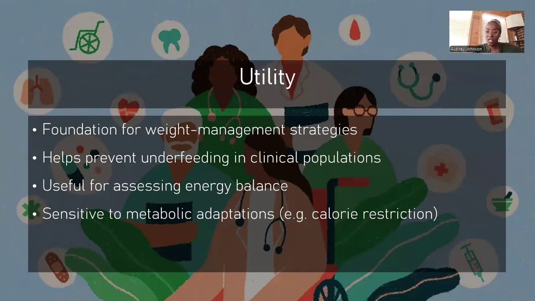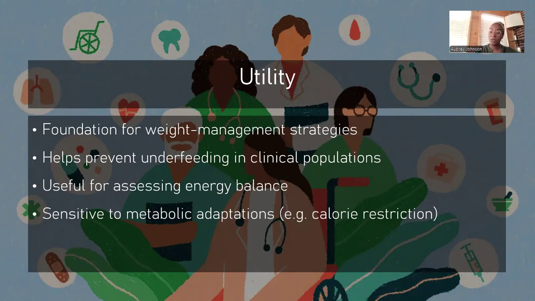So some utility for the resting metabolic rate: one, it provides a foundation for weight management strategies. Before you start changing your lifestyle, you need to know what your baseline is. This value also helps prevent underfeeding in clinical populations.